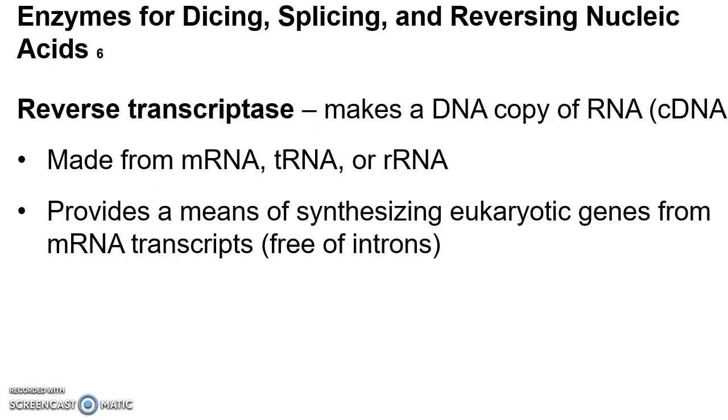Reverse transcriptase is an enzyme that can make a DNA copy from an mRNA, tRNA, or rRNA, so messenger, transfer, or ribosomal RNA template, and it allows scientists to synthesize eukaryotic genes from mRNA transcripts, which do not have the introns, the parts that aren't coding.